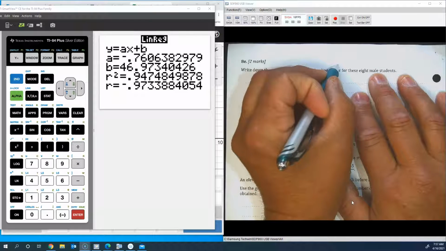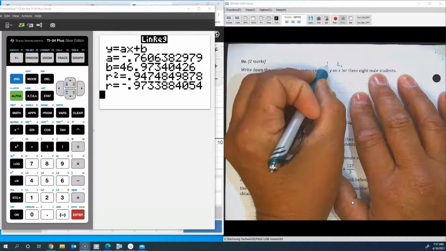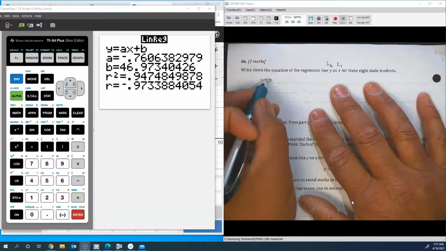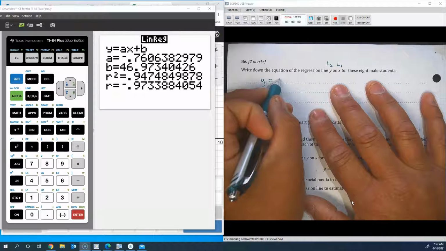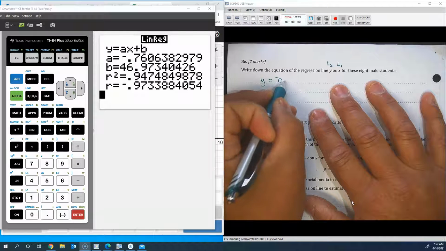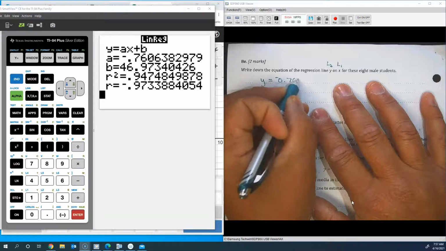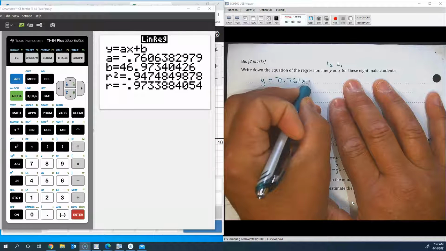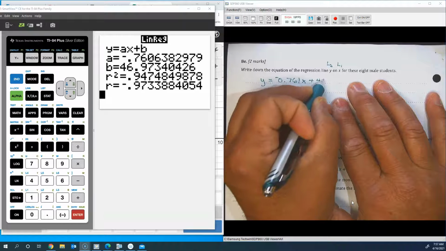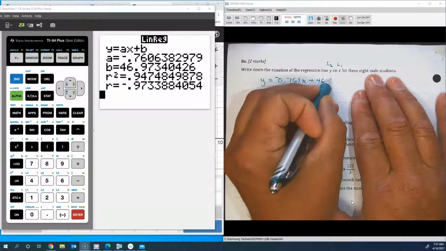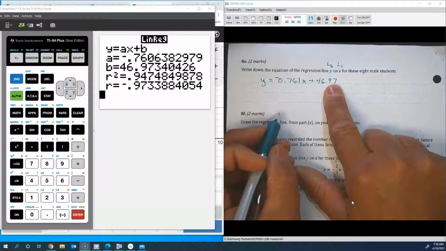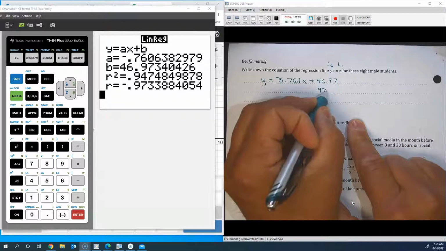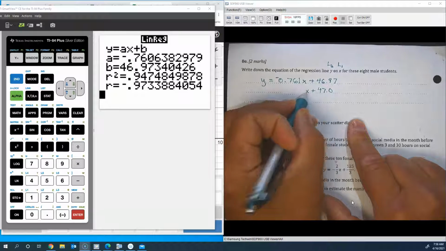Remember this is L1, L2, so we had it set up right. My a value is negative 0.761 x plus 46.97. Now when you round that, the 9 will become a 10, which will make this 47, to 3 significant figures.